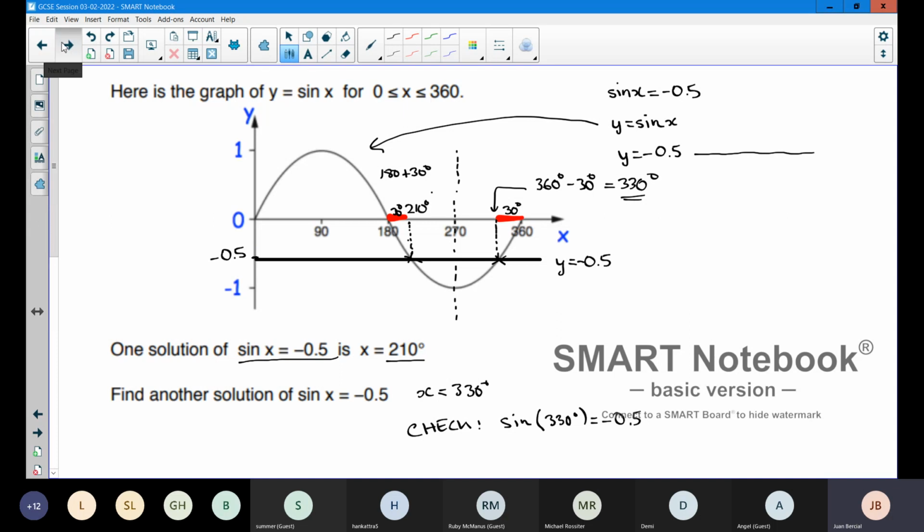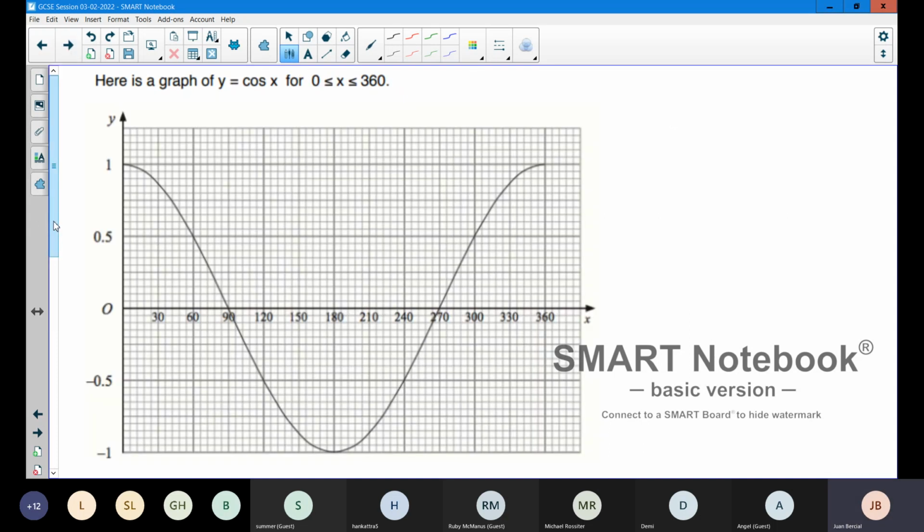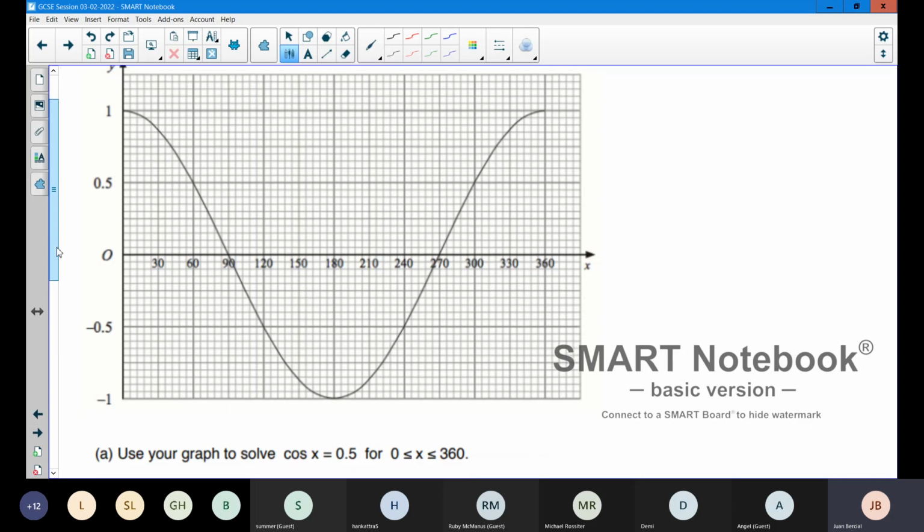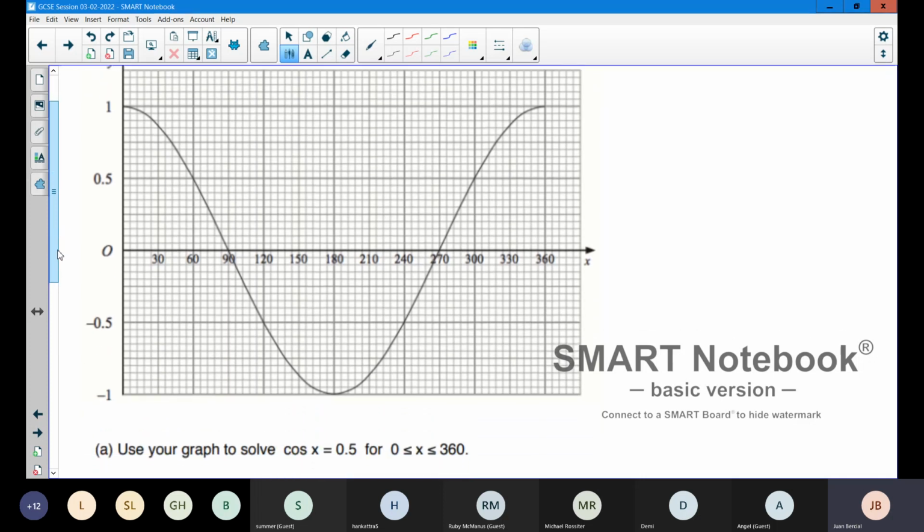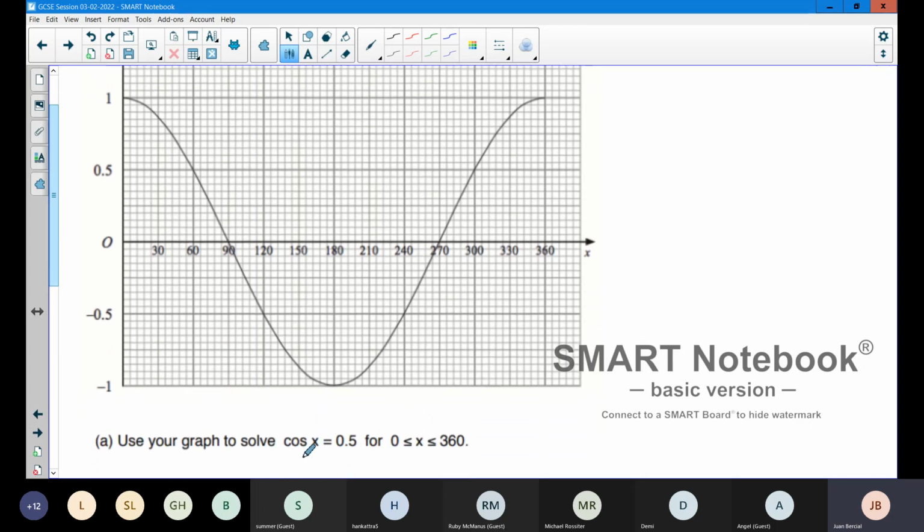We're going to do now one with a graph for the cos, and in this case it is saying use your graph to solve cos of x equal 0.5. So again, remember that solving cos of x equals 0.5 is the same as finding the intersection between y equals cos x and y equals 0.5.